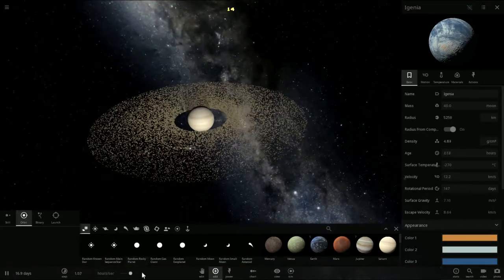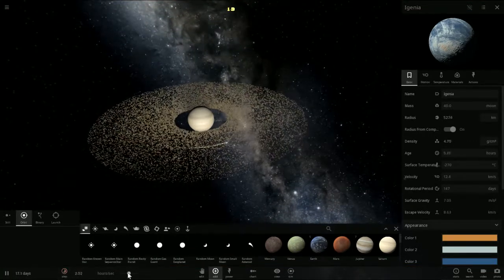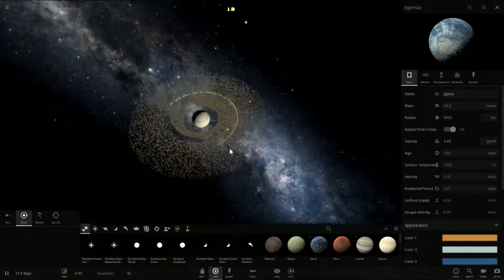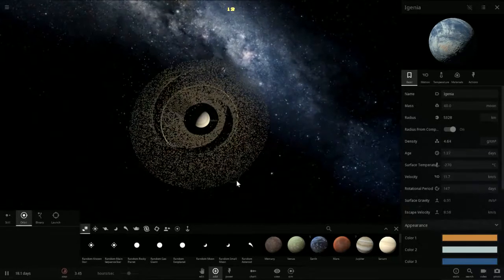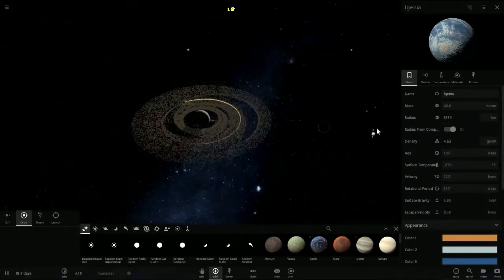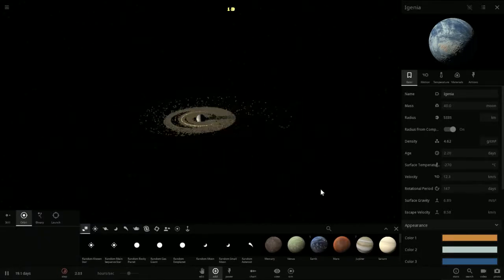So as this ginormous moon orbited Saturn, it changed the rings over time, so you started seeing gaps here, and it does become quite messy in the beginning.